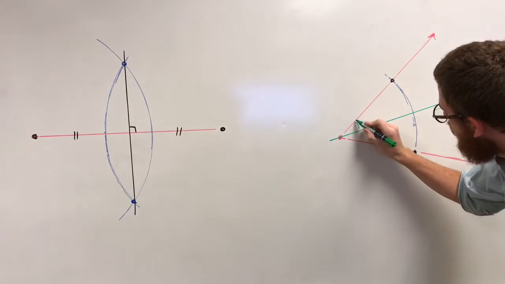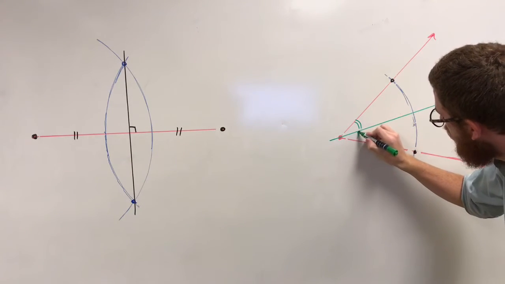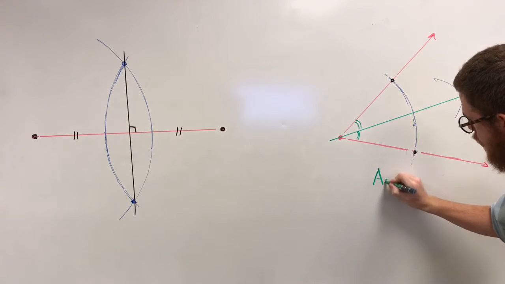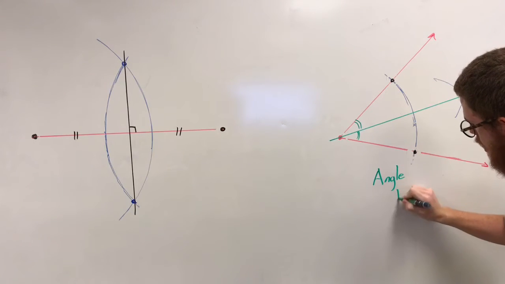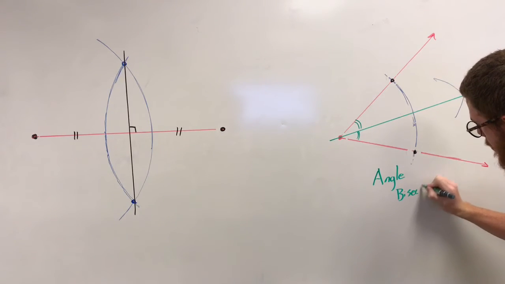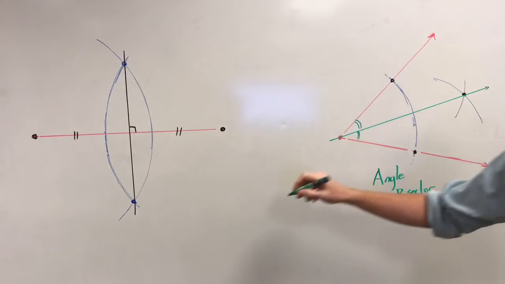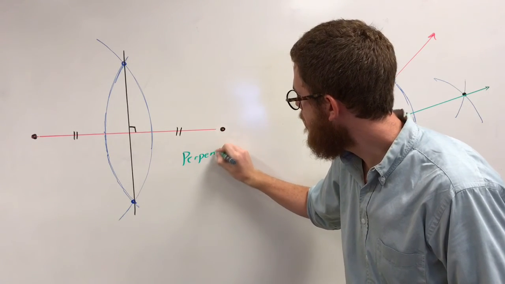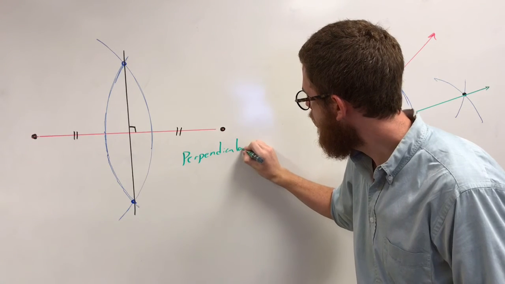That means that this angle up here is congruent to that angle down there. So those are our steps. Here, we were creating an angle bisector. Over here, we were creating a perpendicular bisector.